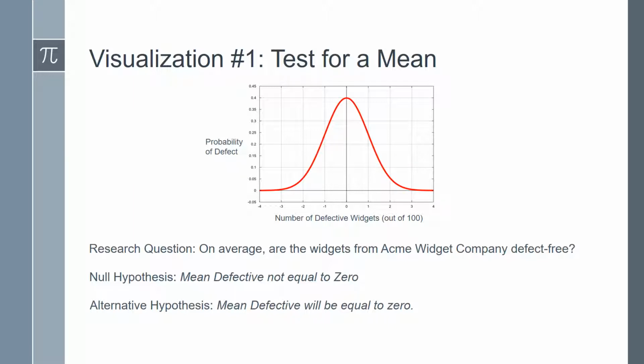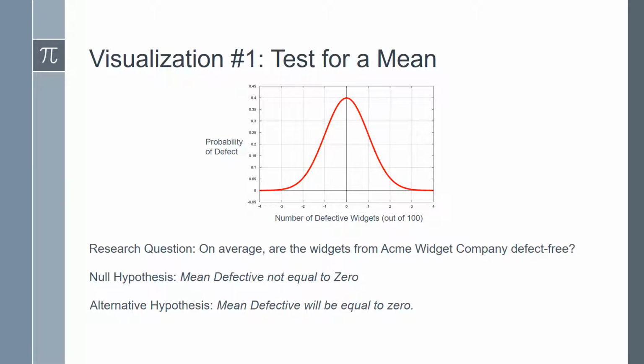Here I am presenting my hypothesis in verbal form or words. It can be presented in an equation as well. And obviously the alternative hypothesis will be mean defective equal to 0, meaning all the production is non-defective.